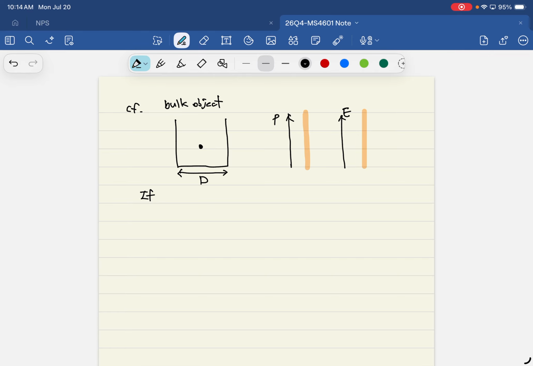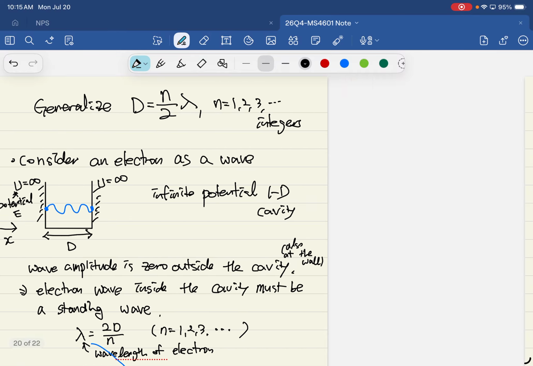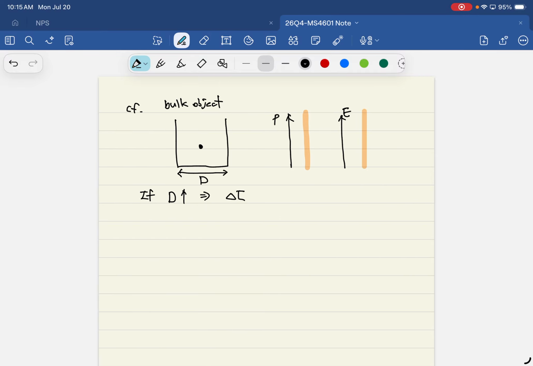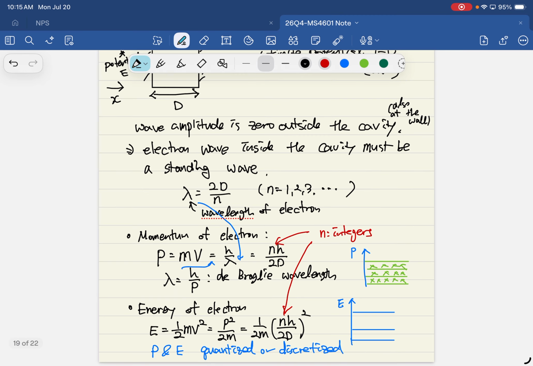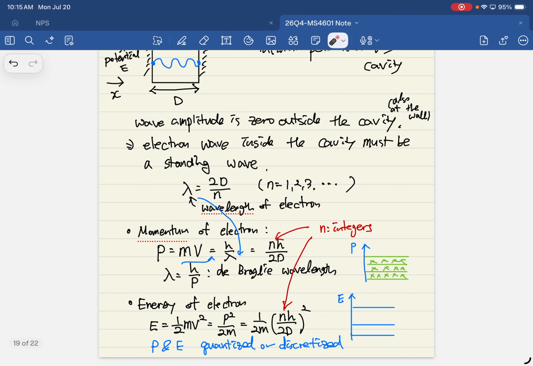If the cavity width is large, what happens to delta E, the energy difference, and delta p, the momentum difference? Okay, look at this one.